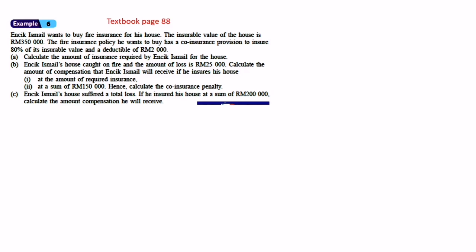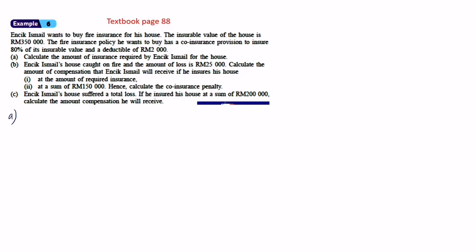The fire insurance policy he wants to buy has a co-insurance provision to insure 80% of its insurable value and the deductible of 2,000. A. Calculate the amount of insurance required by Ismail for the house.